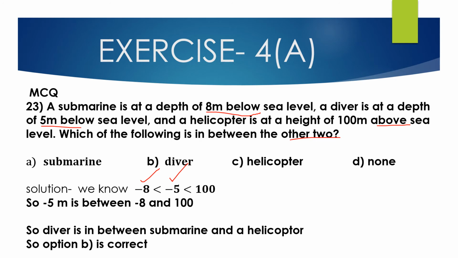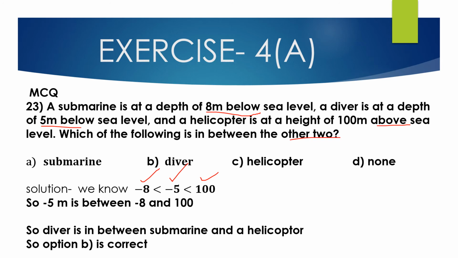Above sea level is represented as positive, so 100 meter will be positive 100. Here minus 8, minus 5 and 100, these integers are given.